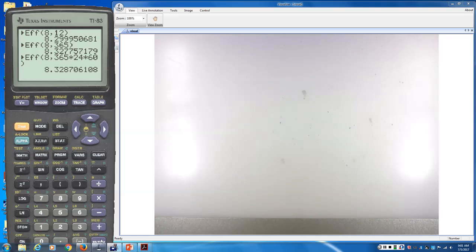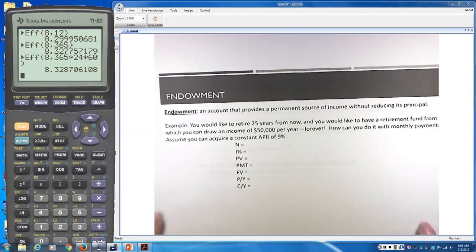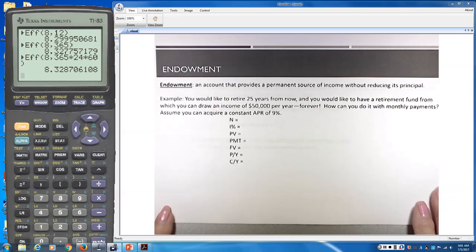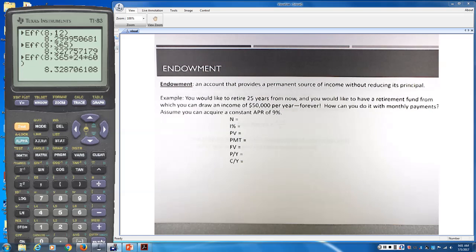Now, another thing we're going to talk about in Unit 4 is something called an endowment. An endowment is an account that provides a permanent source of income without ever reducing the principal. One of the most common uses of an endowment is what we have here at the college, something called an endowed scholarship.